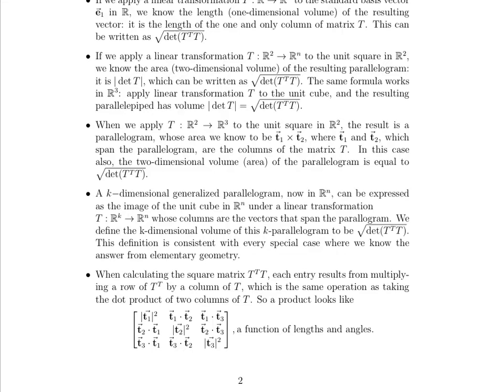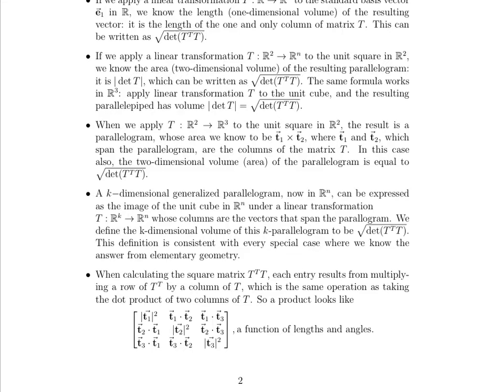Now, we know two different ways to compute the volume, or area, two-dimensional volume, of a parallelogram. One, we just talked about above: we could say the square root of the determinant of T transpose T. But the other we know from back in September when we studied linear algebra. If we have T1 and T2 and together they span a parallelogram, the way to compute the area of the parallelogram is to take the length of the cross product of those.